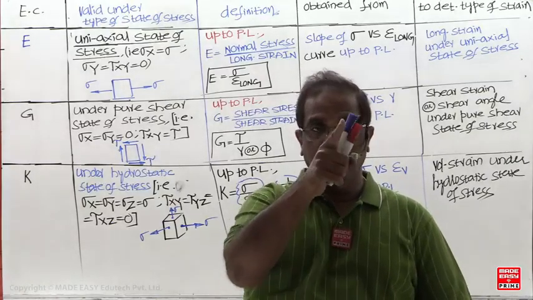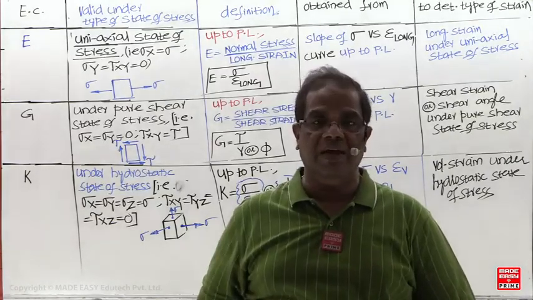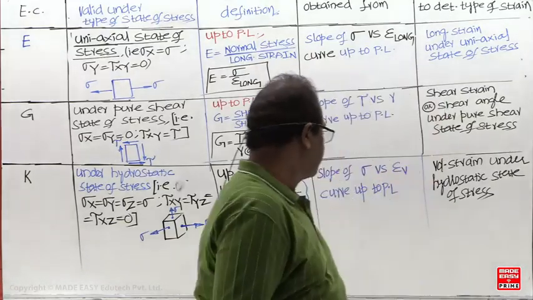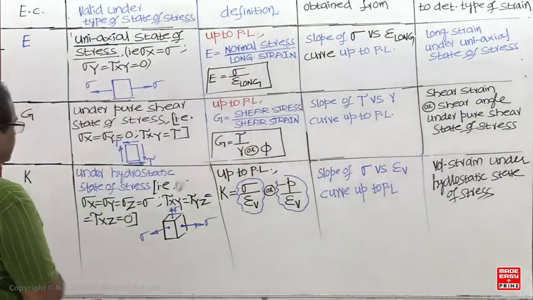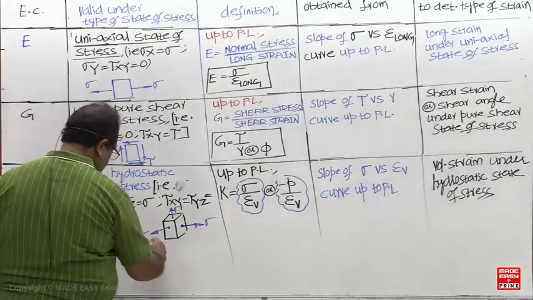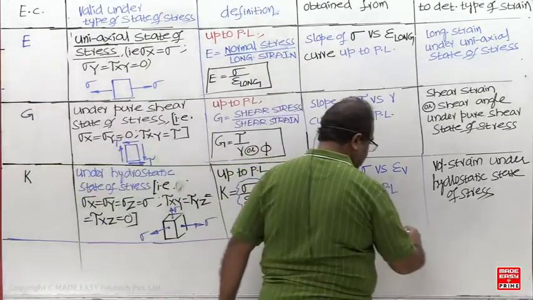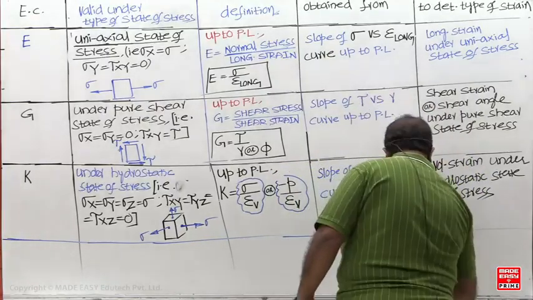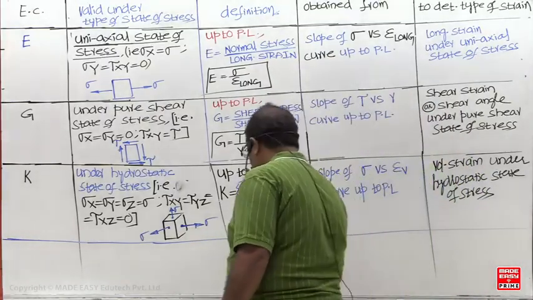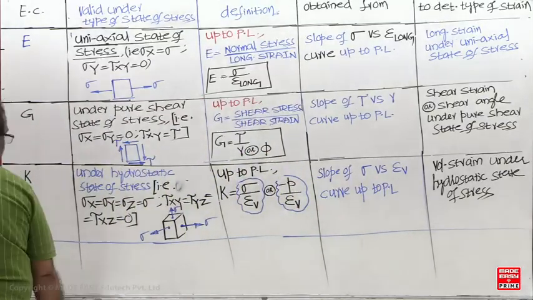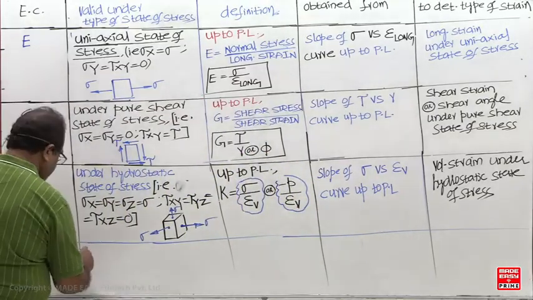Bulk modulus is valid only under hydrostatic state of stress. Mu, Poisson's ratio.